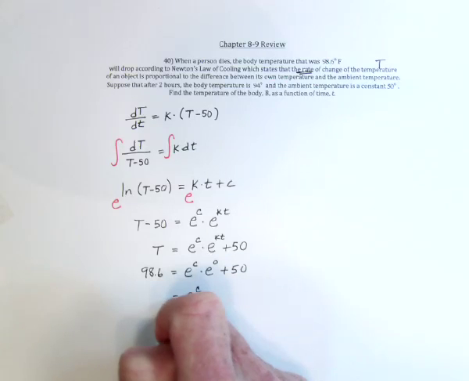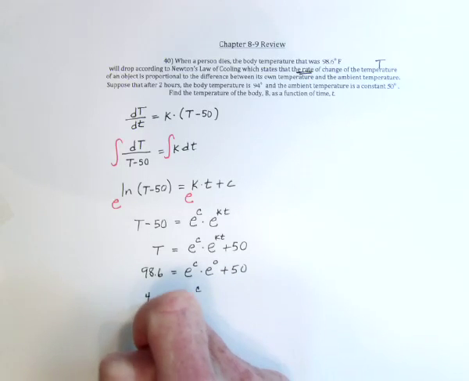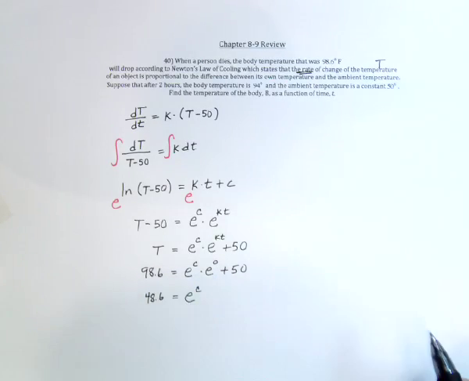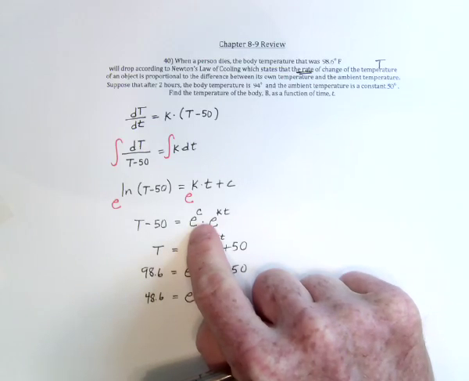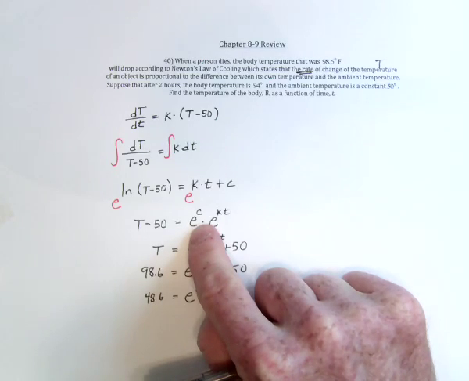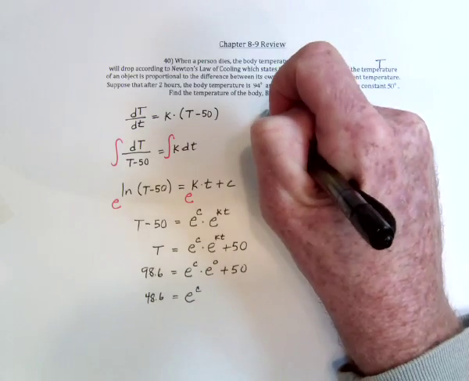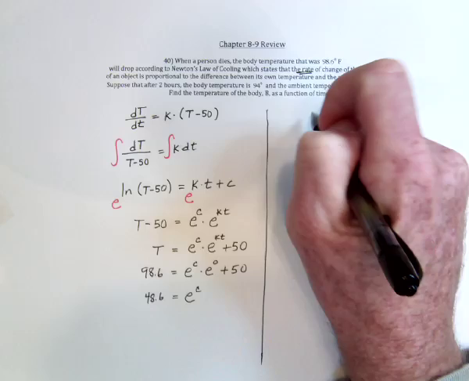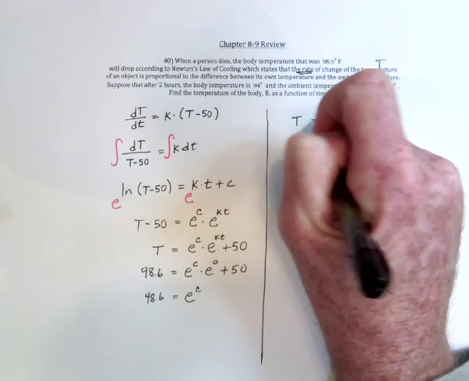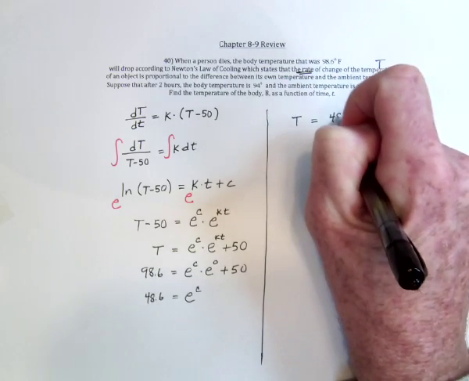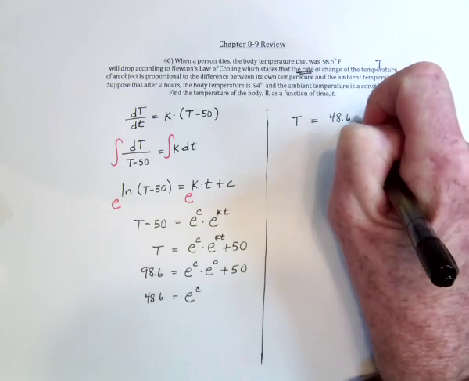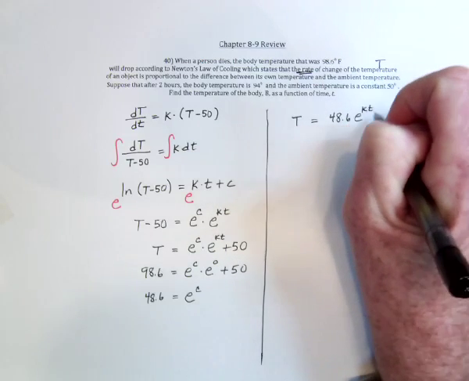If you subtract 50 from both sides, you'll see e to the c is equal to 48.6. Usually we would go one more step and solve for c, but we don't need to because this says the number that goes in front is e to the c, whatever e to the c equals. So we can say, all right, our function is capital T equals 48.6 e to the kt plus 50.